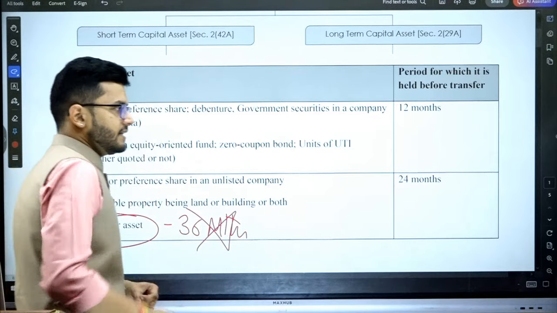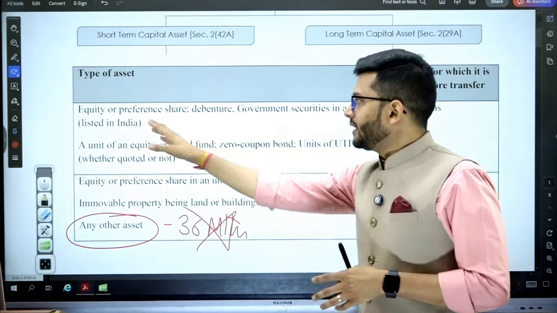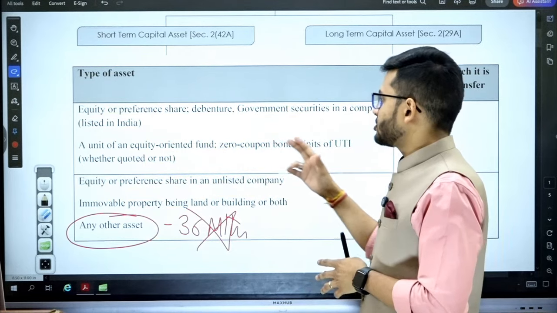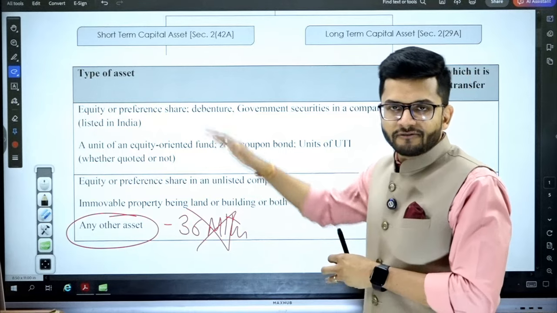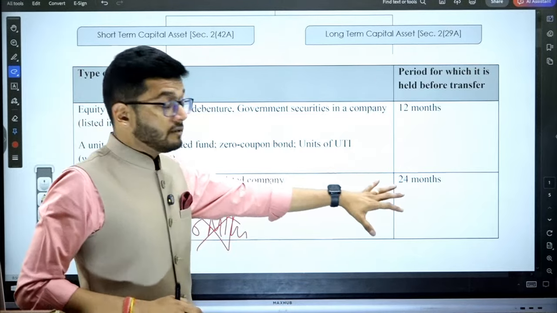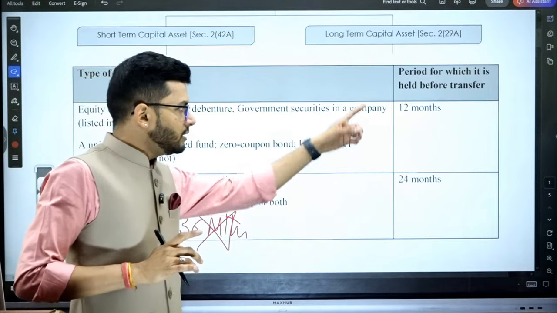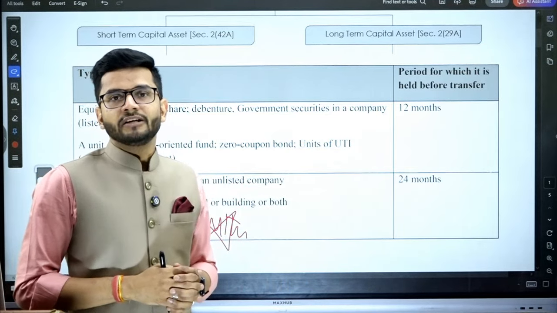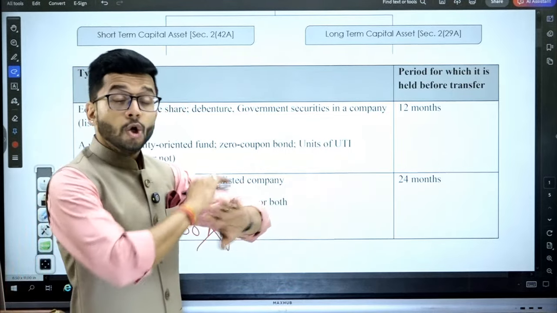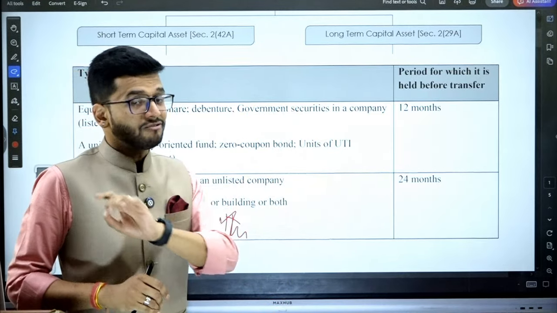But now this has been eradicated and all the other assets, apart from equity or preference shares, debenture, government securities, equity oriented mutual funds, zero coupon bonds, are qualified under only one category, which is above 24 months or below 24 months. These are the only two brackets which are available for qualifying your assets into long term and short term now. So no relevance of 36 months threshold. It is not there as of now.